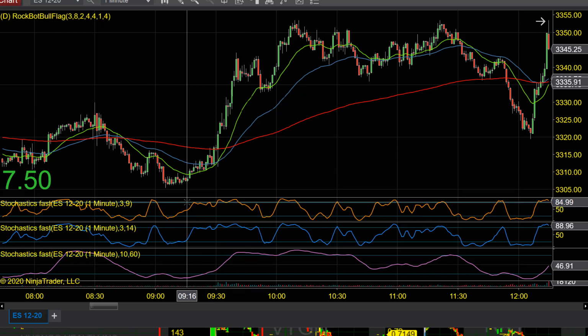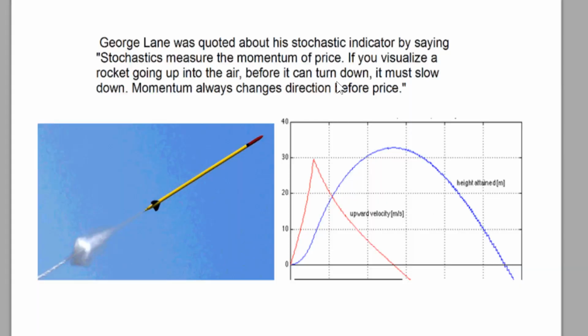One of the great examples I always give is the concept of the rocket going in the air. Let me see if I can pull that out real fast here. So here's the concept George Lane quoted: stochastics measure momentum of price. If you visualize a rocket going up, before it can turn down, it must slow down. Momentum always changes direction before price. Think of the booster.